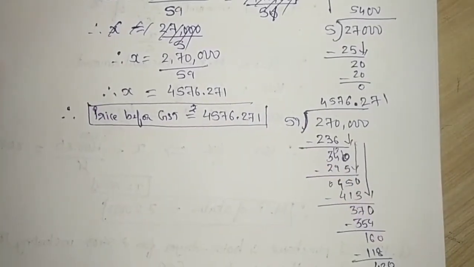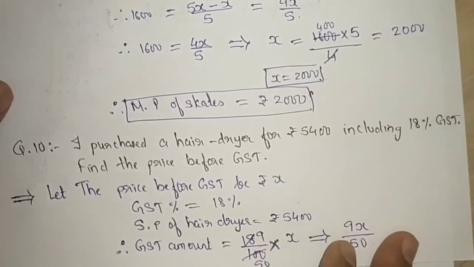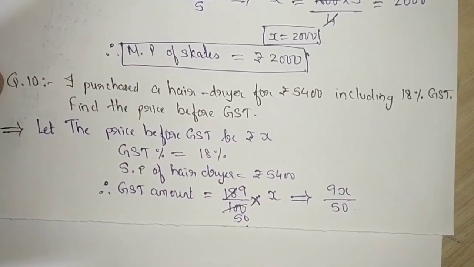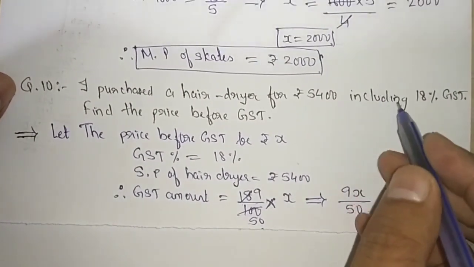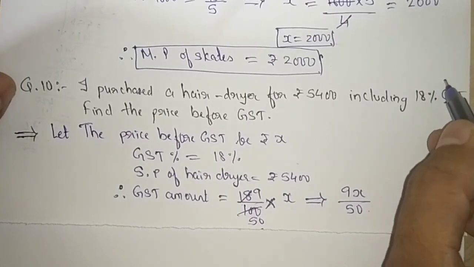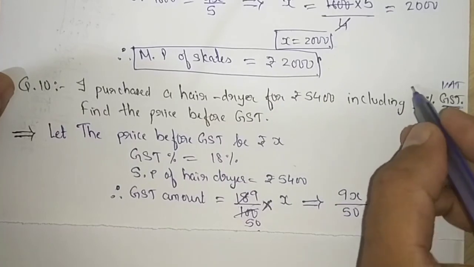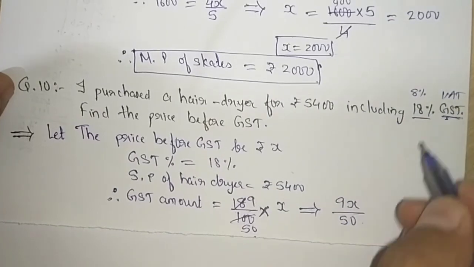Now students, one important note. In question number 10 of the old book, they have given VAT instead of GST, and instead of 18% they have given only 8%.